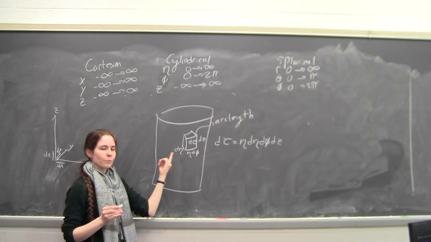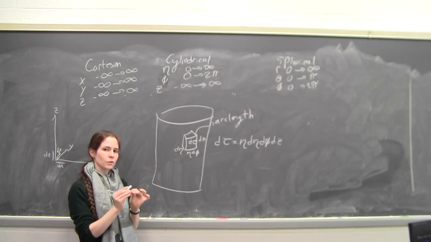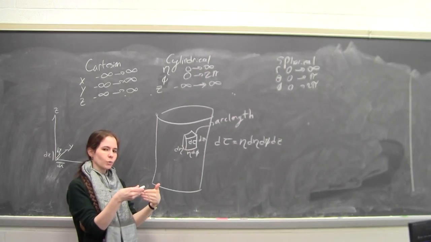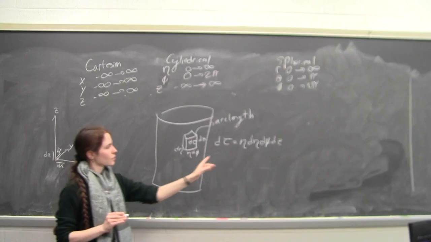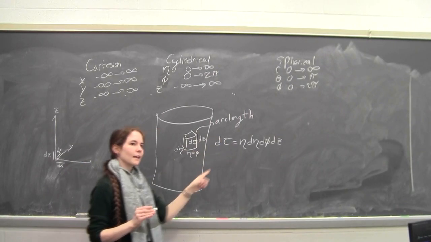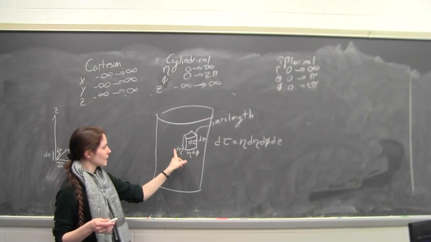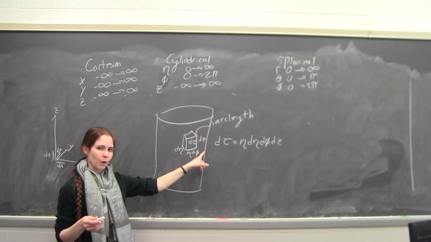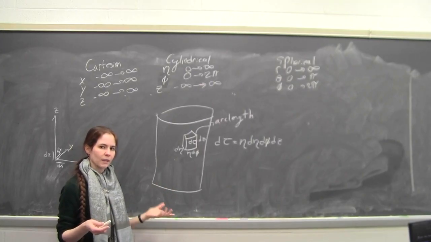We are saying that because d eta, d phi, and dz are so small, the actual curves are almost flat. And so treating this like it's a cube is essentially a perfect approximation as long as we assume that d eta, d phi, and dz are small enough, which we will be assuming whenever we are setting integrals up in this class.